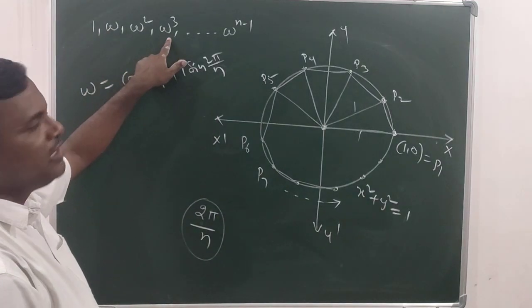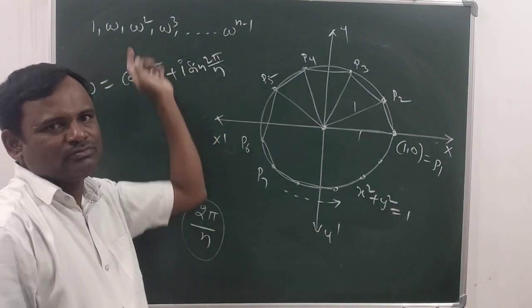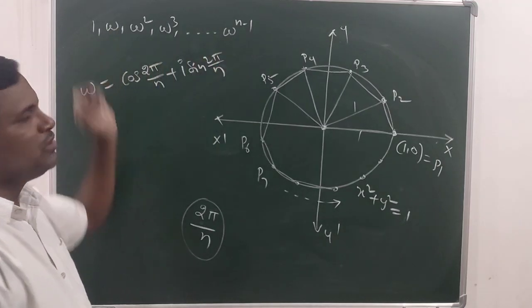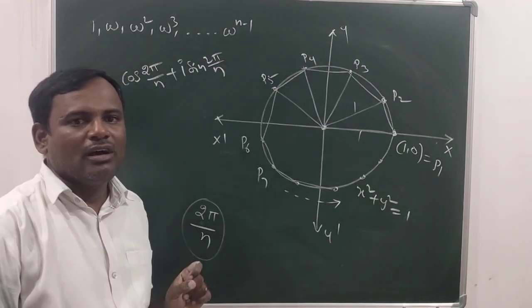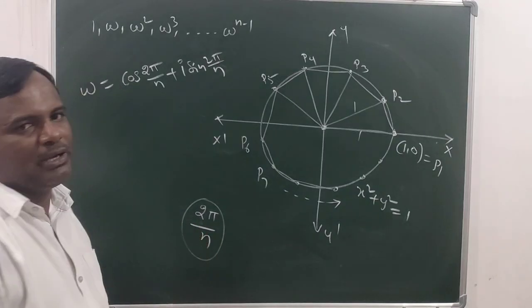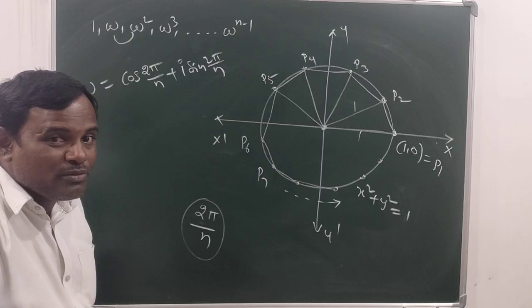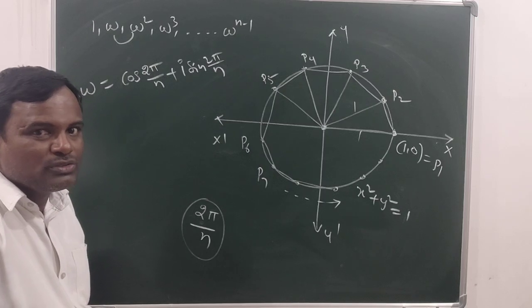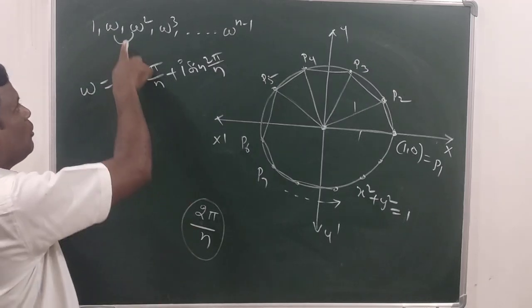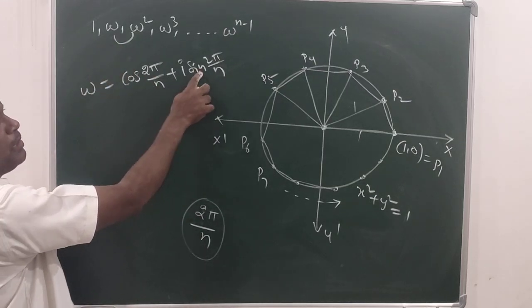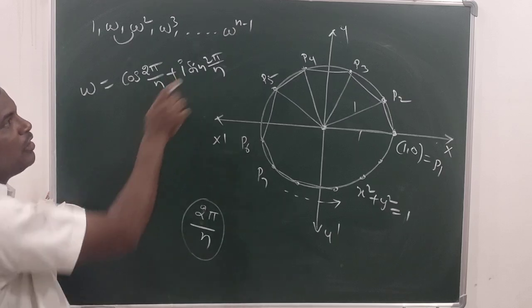If you take any two successive roots among these n roots, then their argument difference will be 2 pi by n. What is the argument difference between successive roots? 2 pi by n. Suppose you take omega, cos 2 pi by n plus i sin 2 pi by n.